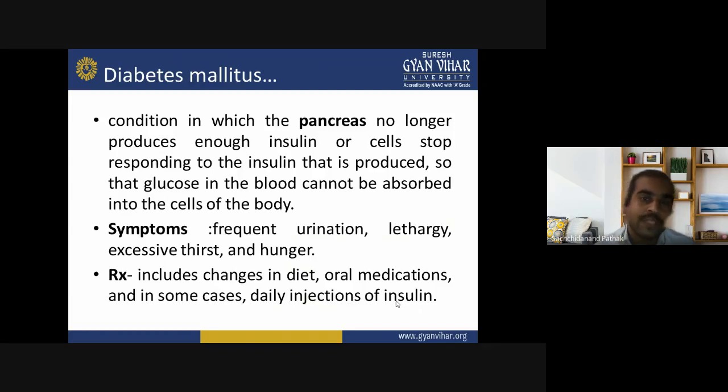So अगर ब्लड में से ग्लूकोज की मात्रा को कम करना है तो इंसुलिन को काम करना ही पड़ेगा. Either it must be secreted from the pancreas, or the cell must respond towards the insulin. So insulin will take the glucose into the cells and release the glucose into the cell. So the cell gets the energy, glucose can be utilized, and the blood glucose level will be low.